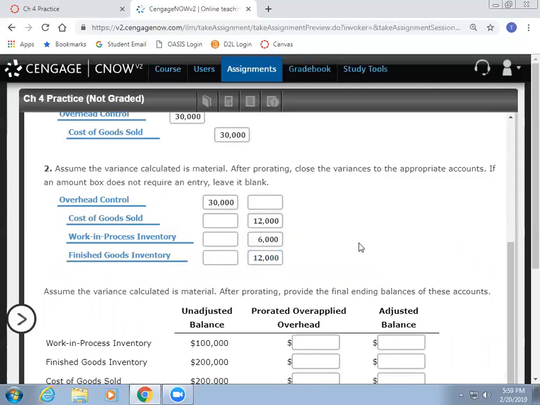And finished goods was also 2/5 or 40%, so 12,000. So if they say that the variance was material, meaning there was a little more substance to it, then we would prorate based on how the overhead was applied to the inventory accounts.